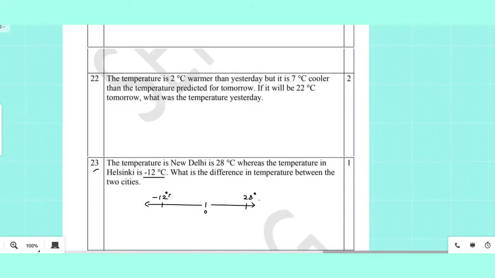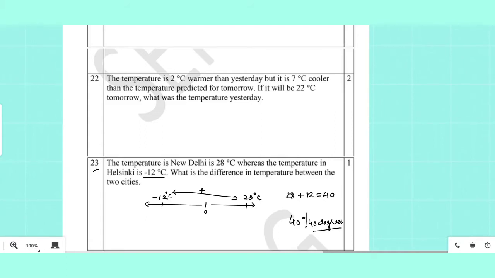So from 0, we have to calculate the total distance by adding up the two numbers. So 28 plus 12 equals 40. So the difference between the two cities is 40 degrees.